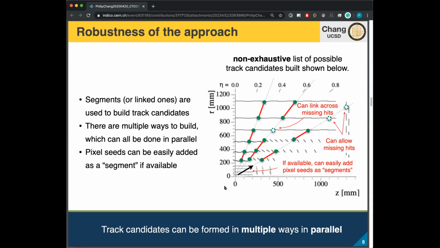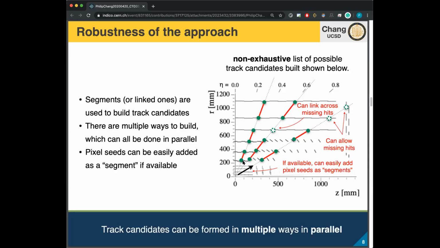So in slide 8, the robustness of this approach by having these segment linkings may become clear here, because of the way that the segment linking is done, you can create many different kinds of segment linkings. For example, I'm showing you a non-exhaustive list of possible track candidates that can be built out of putting the segments together.